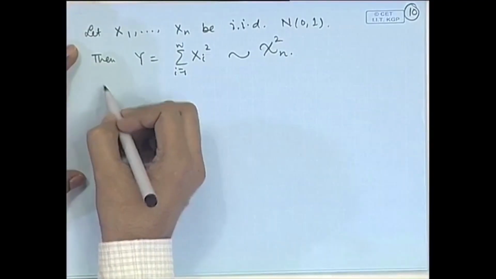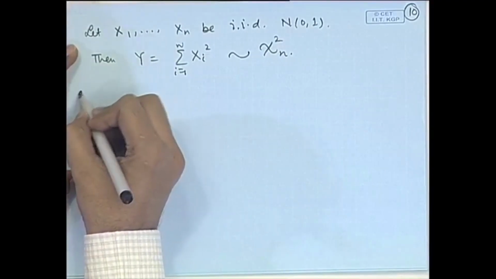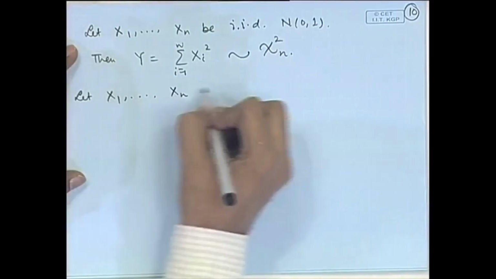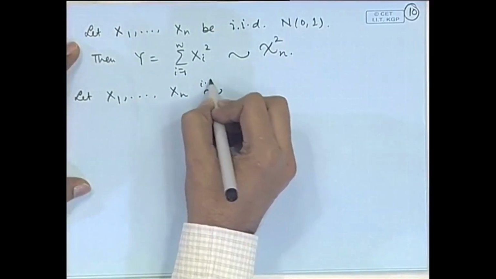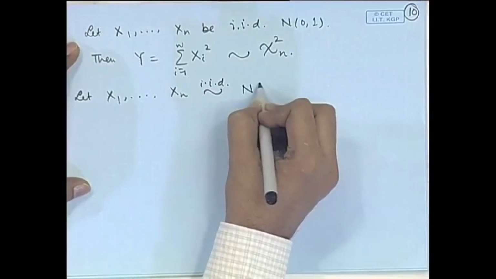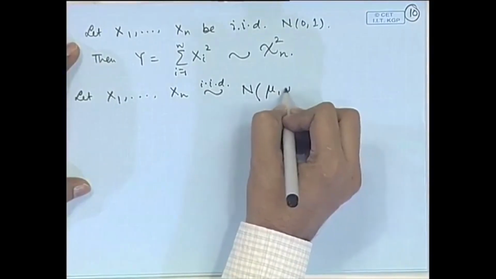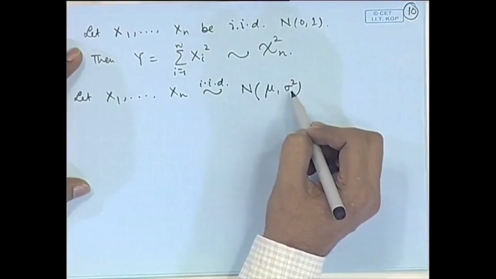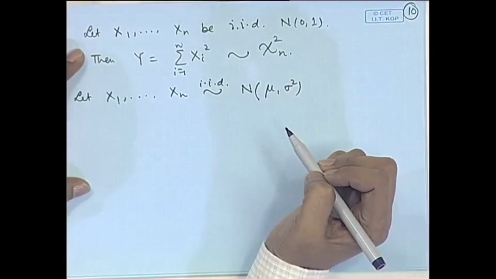So, now let us consider x 1, x 2, x n a random sample from normal mu sigma square. So, in place of normal 0, 1, now let us consider normal mu sigma square.